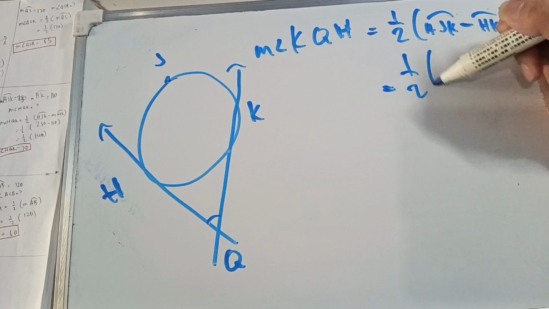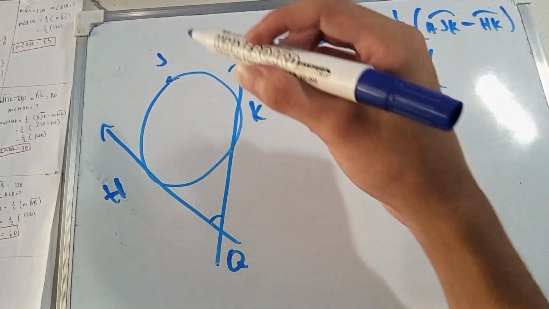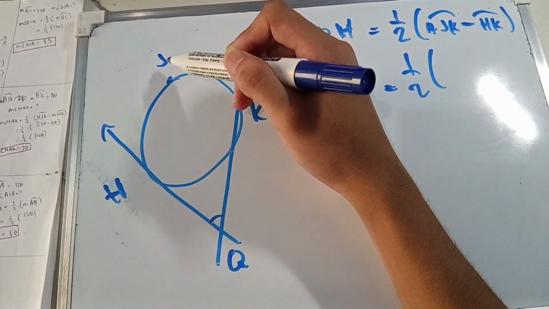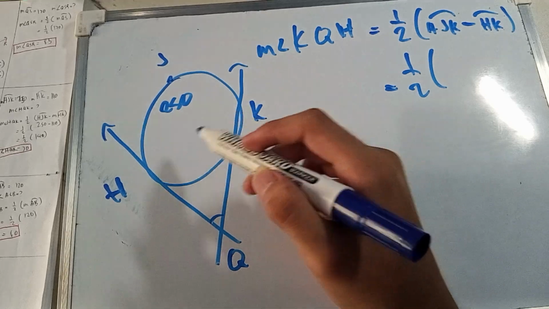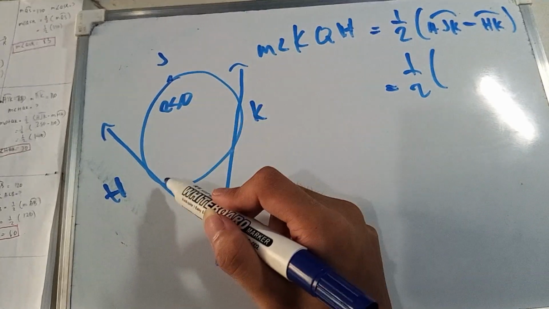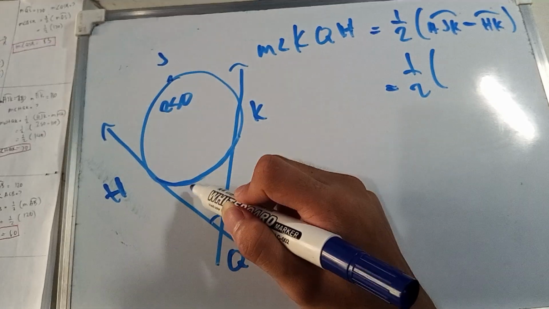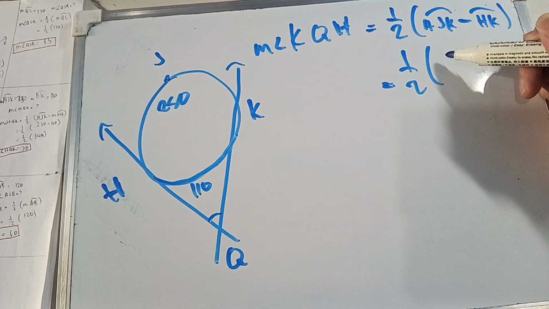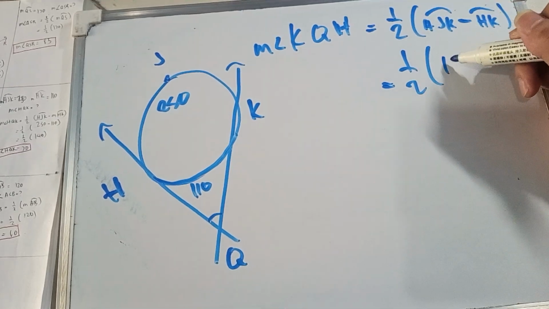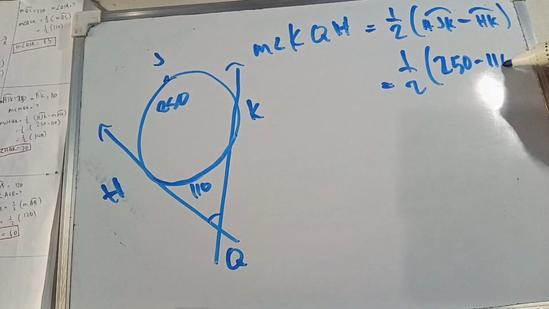Now, let's say that arc HJK is 250. Since these are two tangents, this part here is 360 minus 250, that is 110. So it is 250 minus 110 for arc HK.